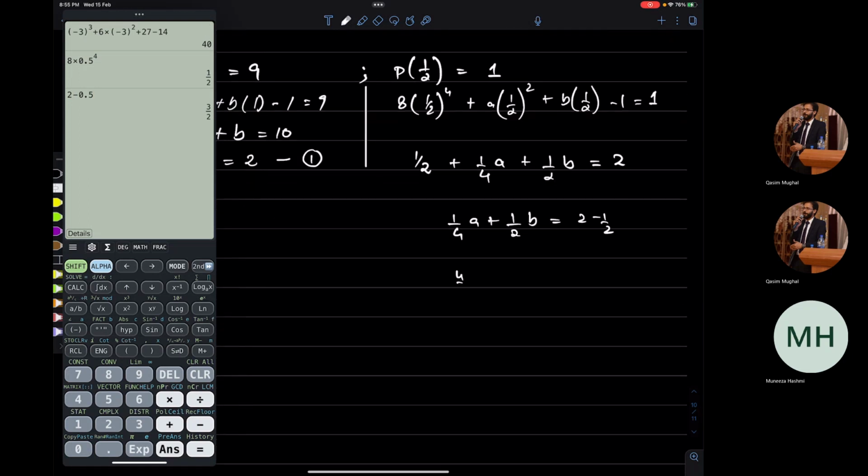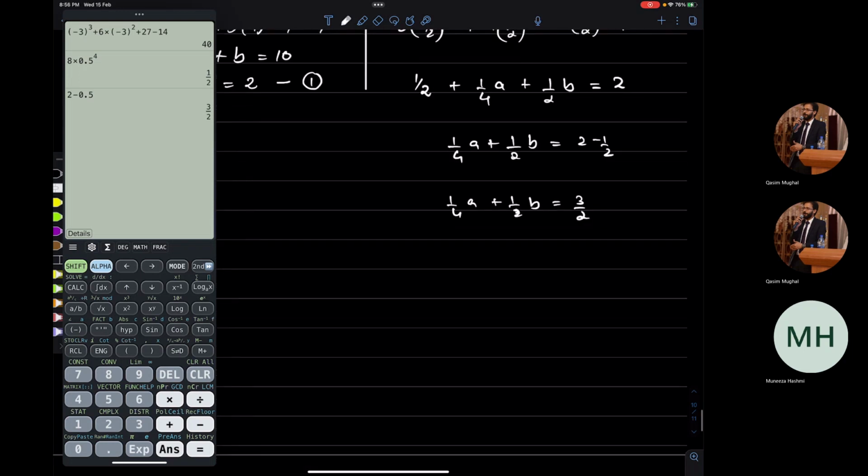So 1/4 A plus 1/2 B equals 3/2. Now multiply the entire equation by 4, which is the LCM of 4, 2, and 2. 4 times this gives just A. 4 times B/2 gives 2B.